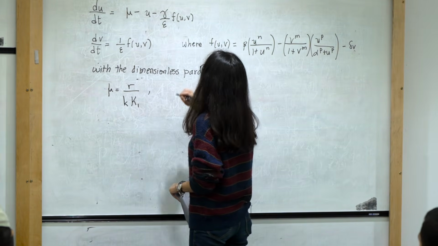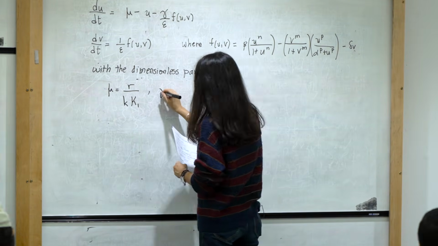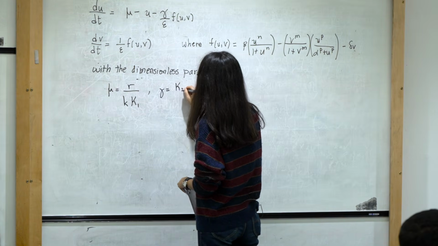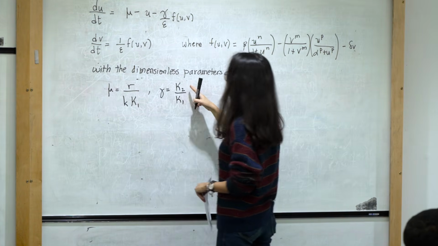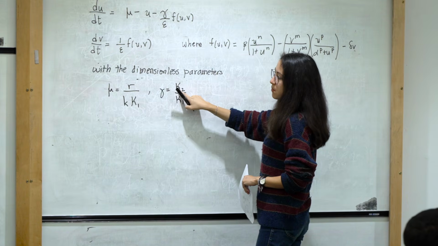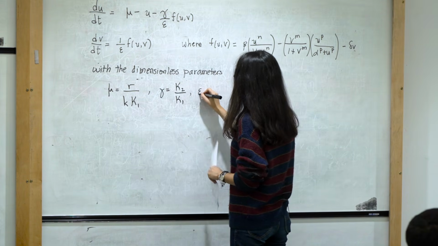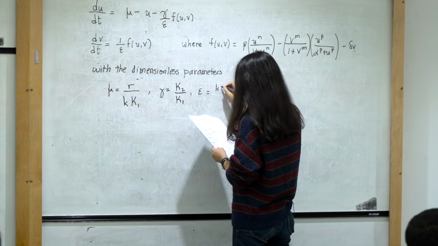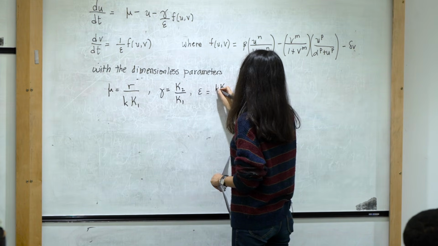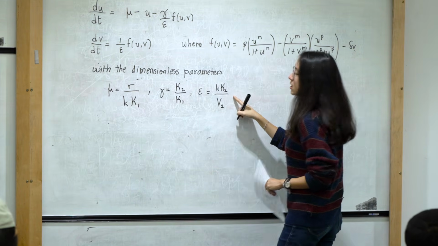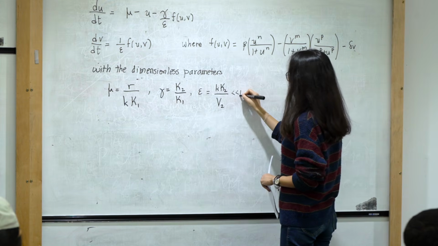Okay, so I also have to define gamma. Gamma here is K2 divided by K1. Again, it's a ratio that takes into account something that appears in the J minus and the J plus. Epsilon is also important. So this is K2 divided by V2. It's important because this is a small parameter.